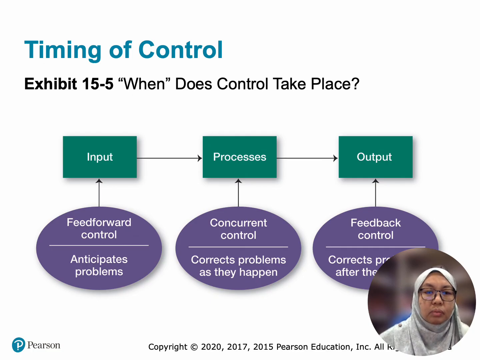While the activity is going on, managers can take concurrent control, whereby they correct problems as they happen. And finally, when the output is already there, managers can take feedback control, whereby they correct processes after the activity has been completed.